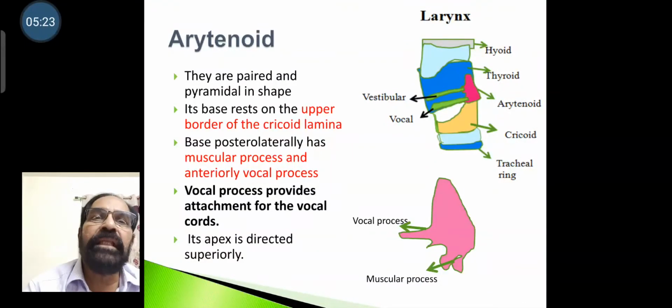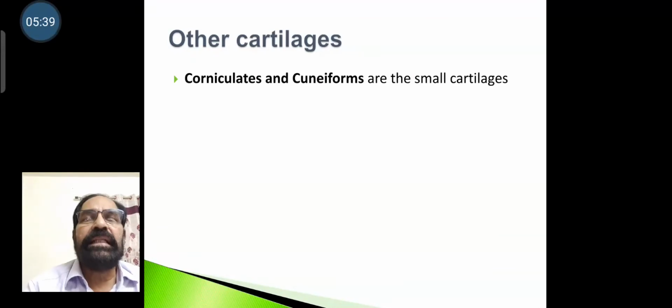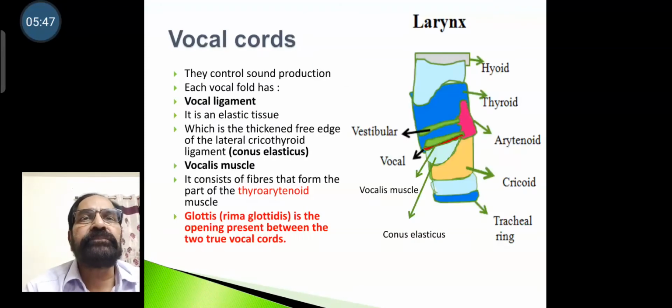They can be seen in the picture. Vocal process provides attachment to vocal cords. And arytenoid apex, you can see it is directed superiorly. Other cartilages, paired cartilages, corniculates and cuneiforms are small cartilages. So we are not going to discuss them.